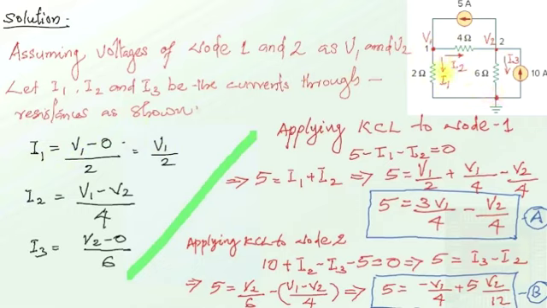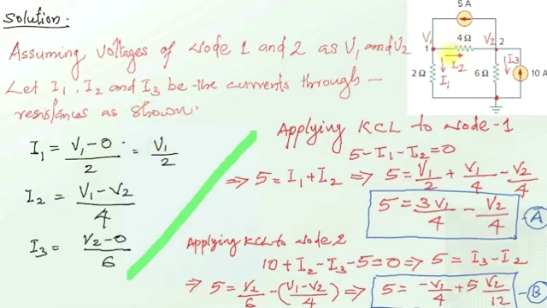So I1 is given by the potential of this point minus the potential of this point divided by the resistance in between. It is actually given by the potential of the higher potential point minus the potential of the lower potential point divided by the resistance connected in between. So I1 is given by V1 minus 0 divided by the resistance 2 ohm. So it is given by V1 by 2.